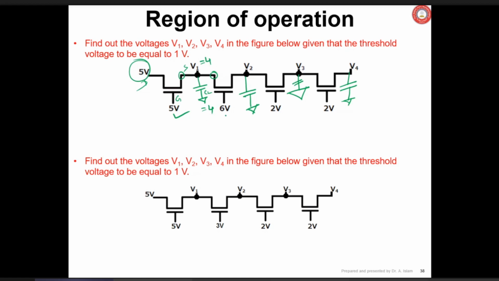So this is going to be 4 volt. Now, coming to this second MOSFET, at the gate you have 6 volt. Since CL was 0, VGS is 6 volt initially.